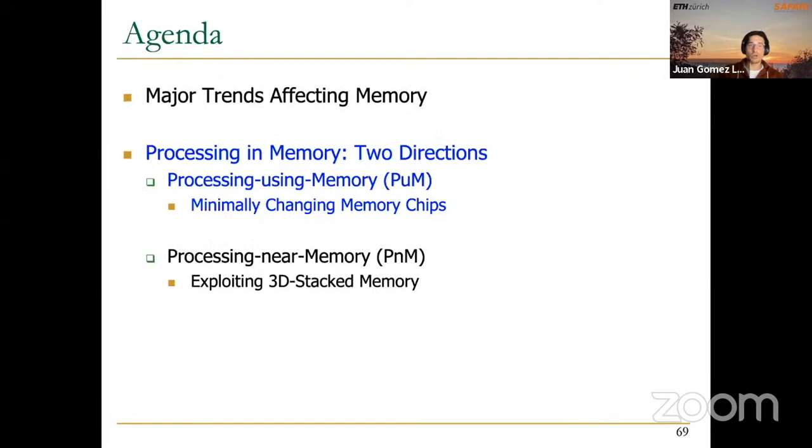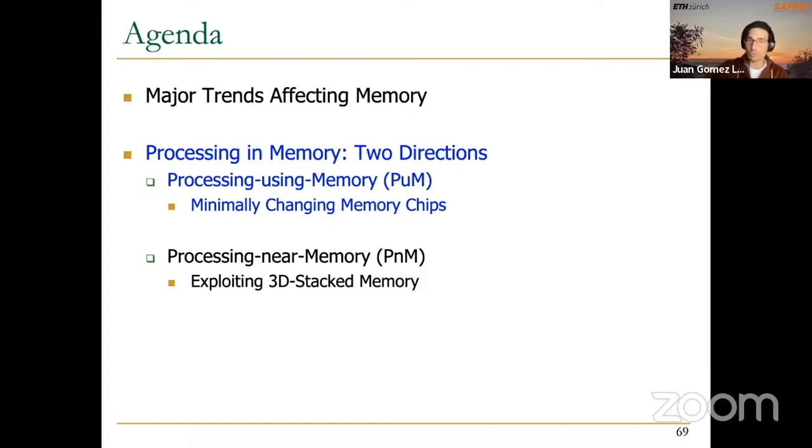In processing using memory, the goal is to enable computation inside the memory using the operational principles of the DRAM cells themselves, or memory cells themselves, and change the memory chip minimally. Why is that important, or why is that desirable? Because in the end, if you want to modify something that is already being fabricated, commercialized, and used in all computing systems these days, like, for example, DRAM chips, you want to modify them minimally, right?